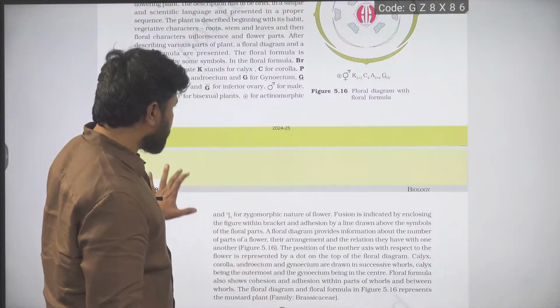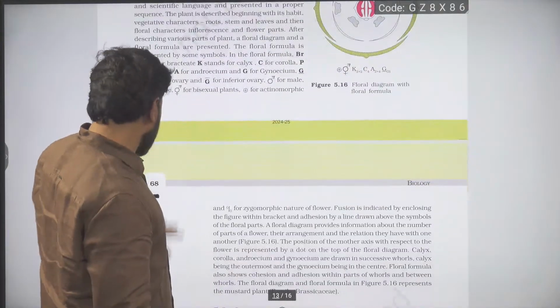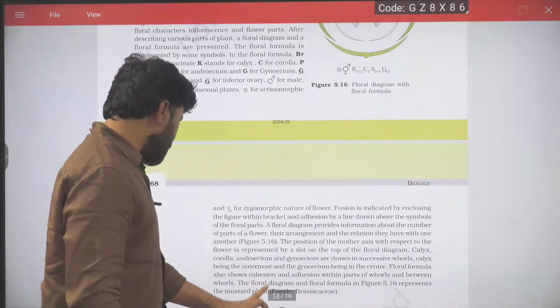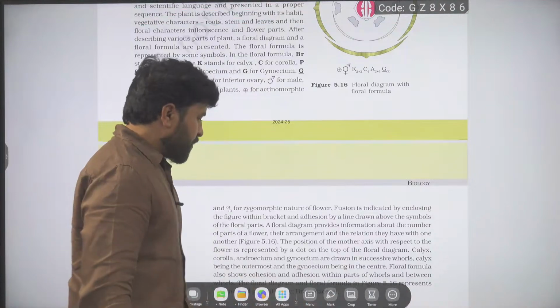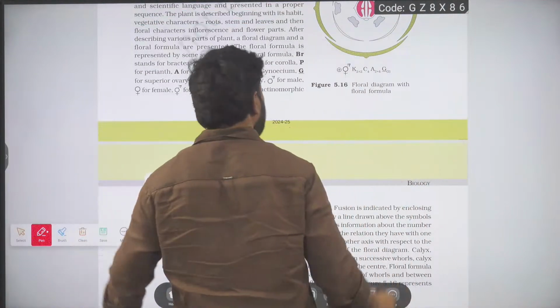Then after that, let us continue with our discussion related to androecium and gynoecium also. Next one, A represents androecium.